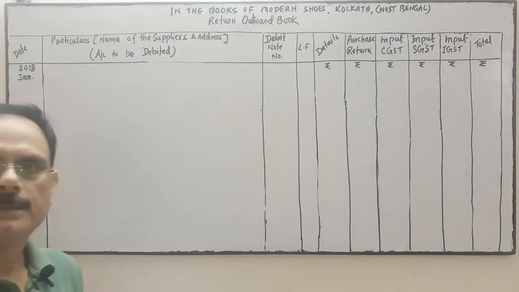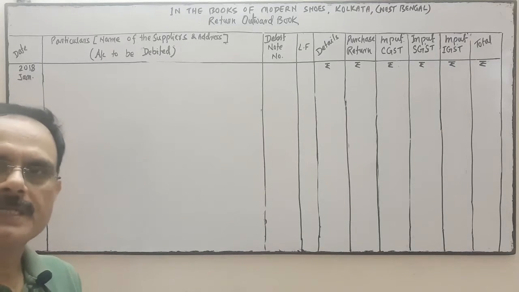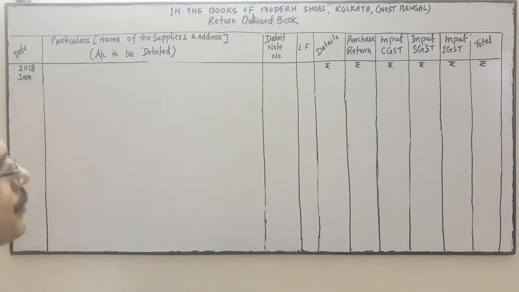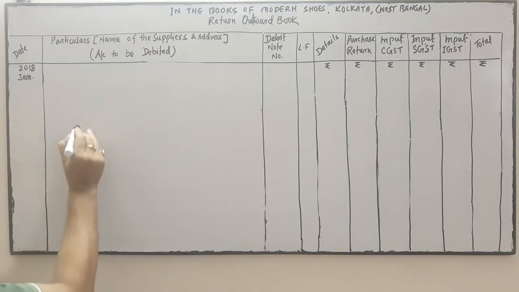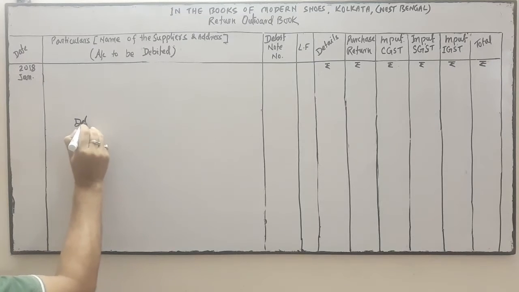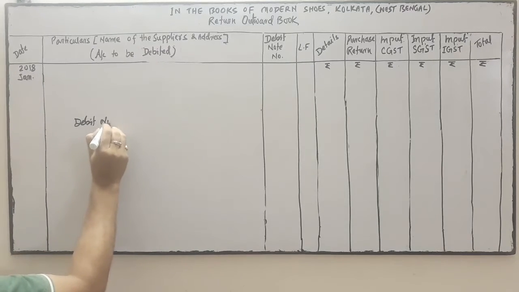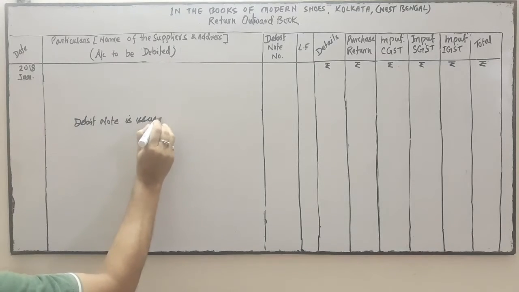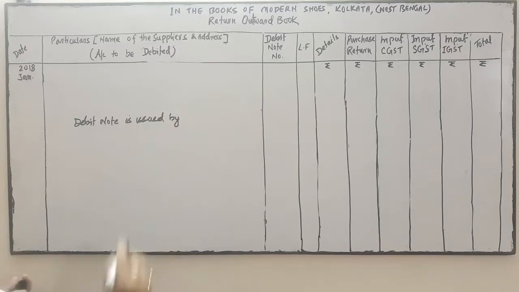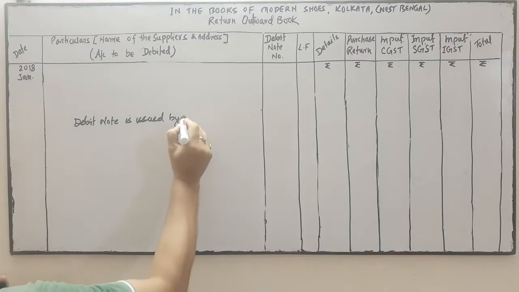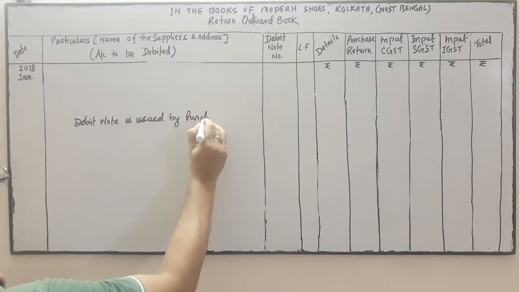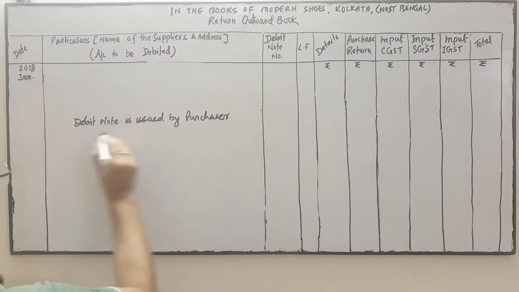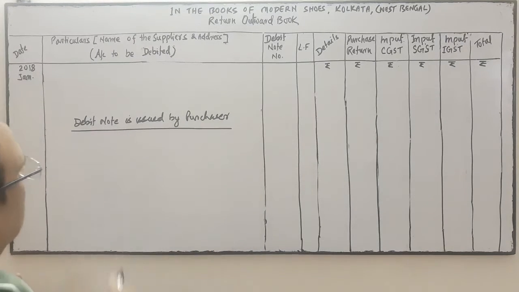Okay, so you know when the debit note is issued. Once again, the debit note is issued by whom? The debit note is issued by the purchaser.